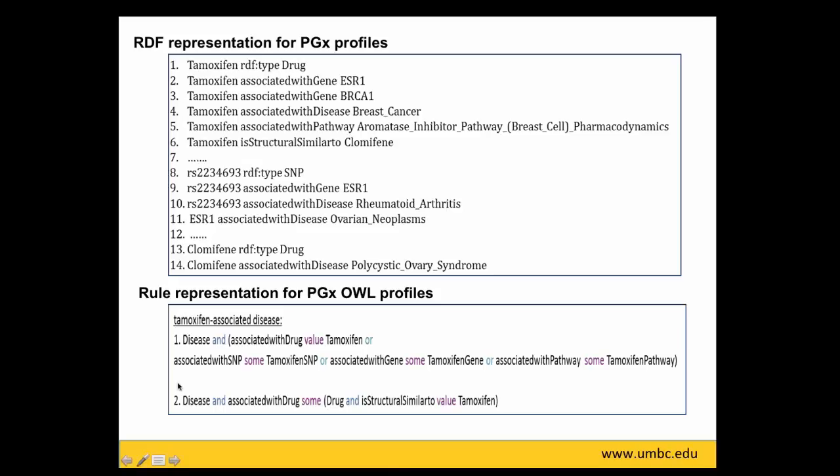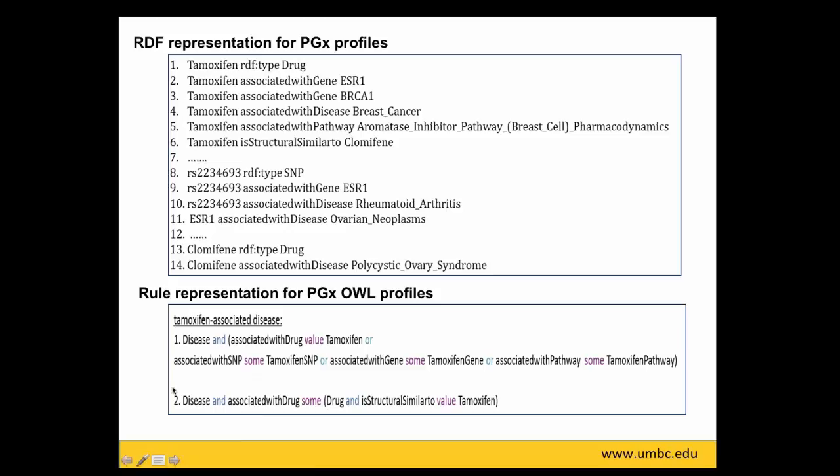I just listed two of these very simple rules we defined to find associated or alternative diseases that can be used for tamoxifen. One disease is associated with a drug, which is tamoxifen, or the disease is associated with other tamoxifen-associated SNPs, genes, or pathways.